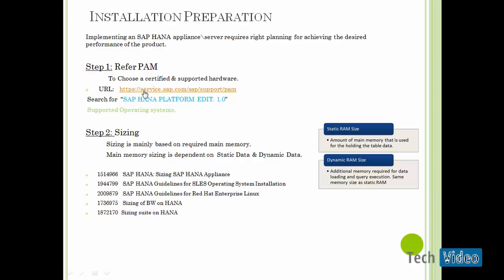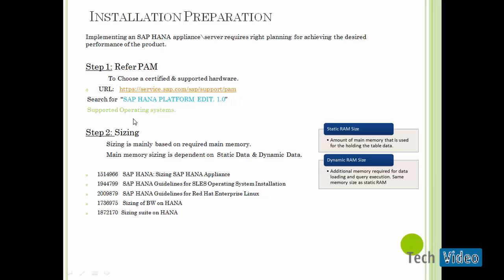So once we navigate to this URL, we have to search for the product SAP HANA Platform Edition 1.0, and from there that will list the supported operating systems. So we will get to know the supported operating system releases which can be used for installations.